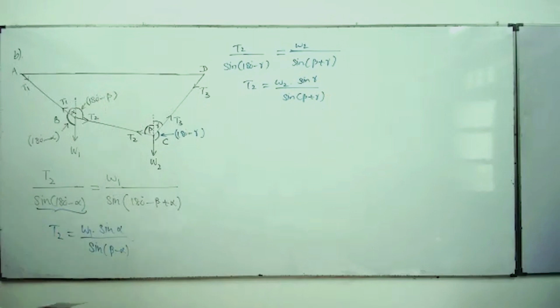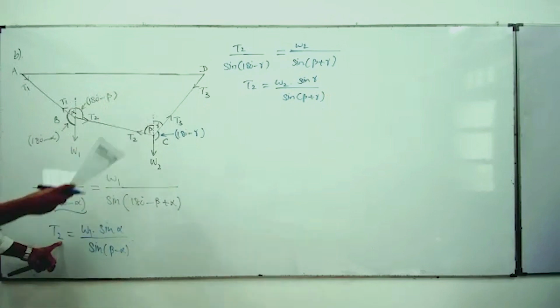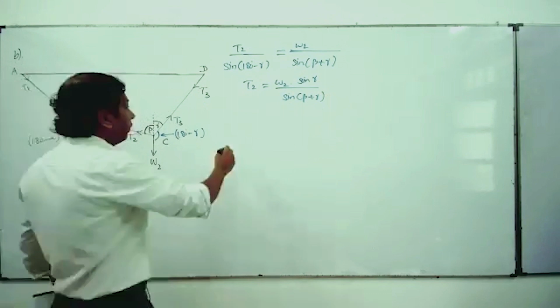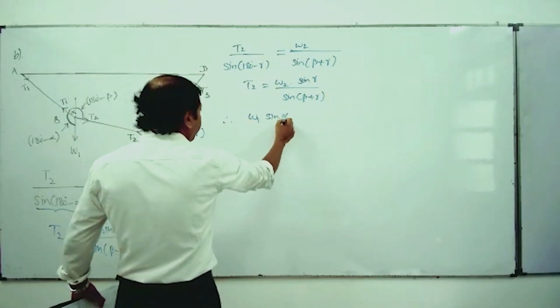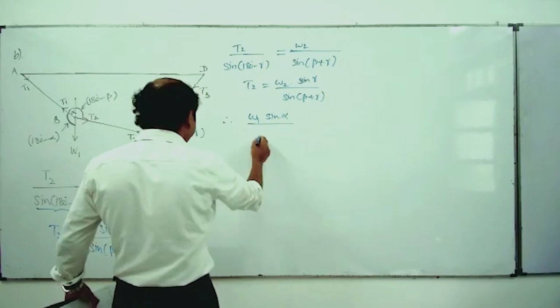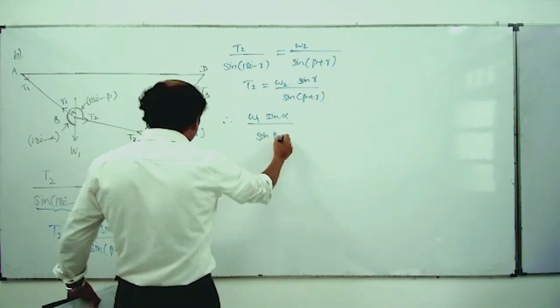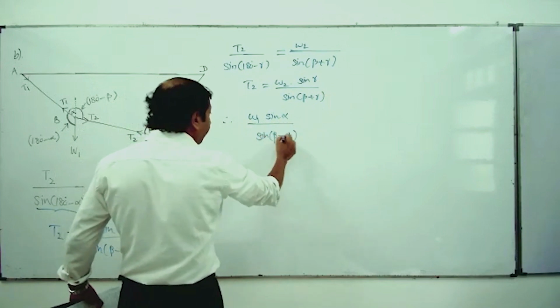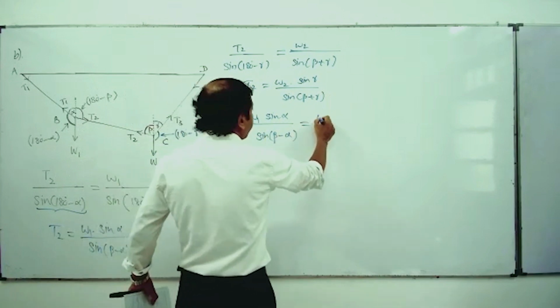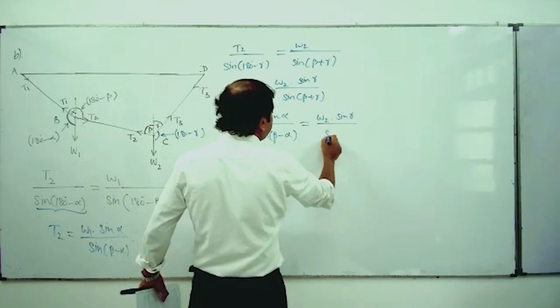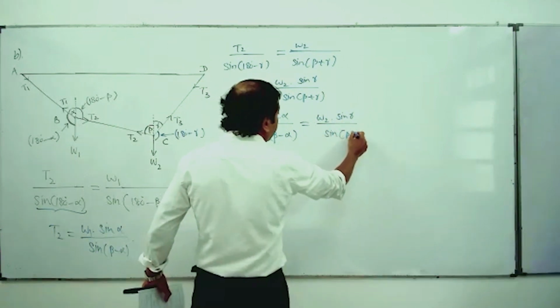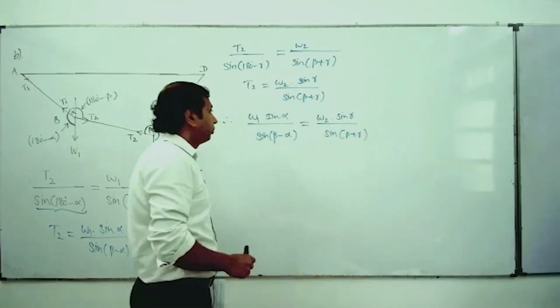Then this T2 and that T2 you can equate. Therefore, W1 sine alpha upon sine beta minus alpha is equal to W2 sine gamma upon sine beta plus gamma.